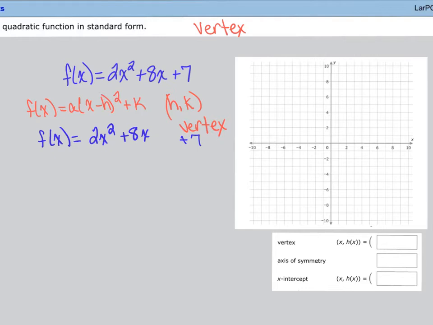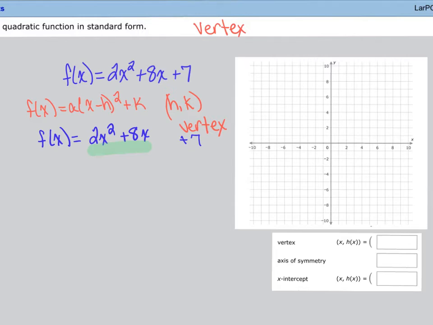Okay, this is where students get confused. I am going to factor out a 2, but only in those two numbers. I'm not going to do anything with the 7. I'm going to factor out a 2 in those two numbers.